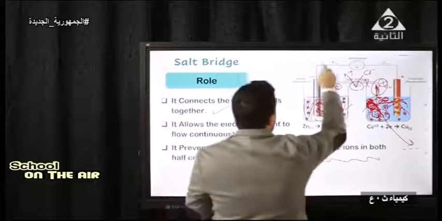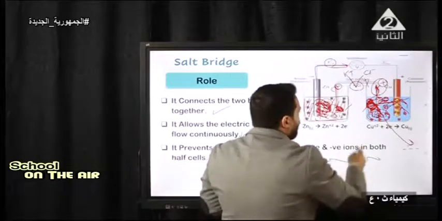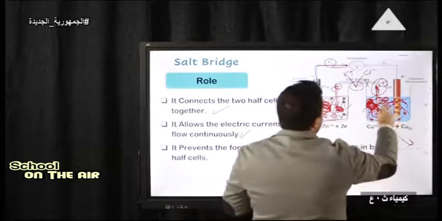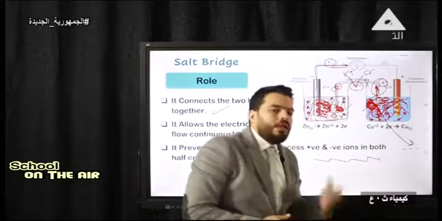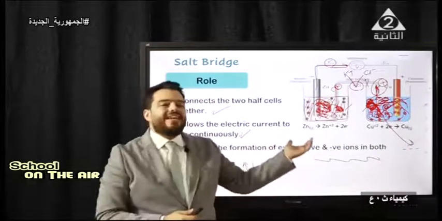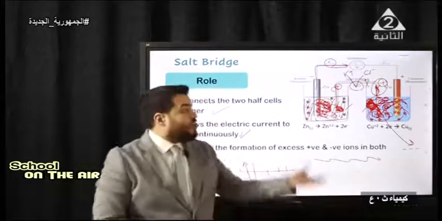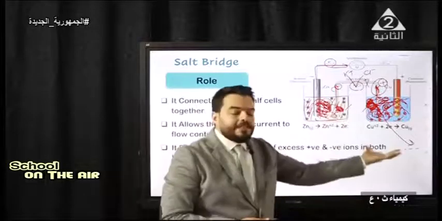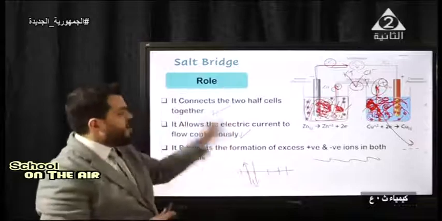So there will be no electron transferred. And here, if you are attracting all the copper positive 2, there will be no copper to attract the electron. So you will not be able to make an oxidation or a reduction reaction. So the electric current will stop by formation of the excess positive and excess negative. So the salt bridge is very important.